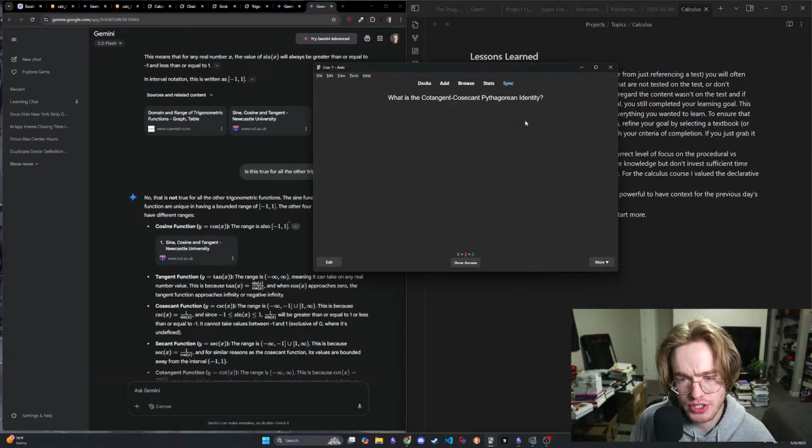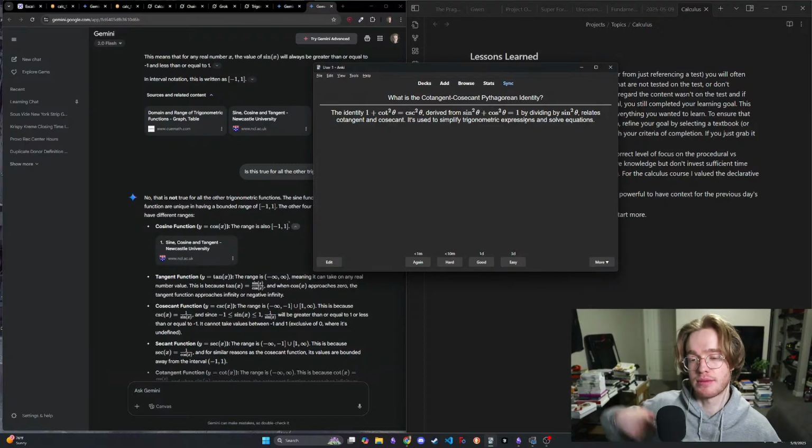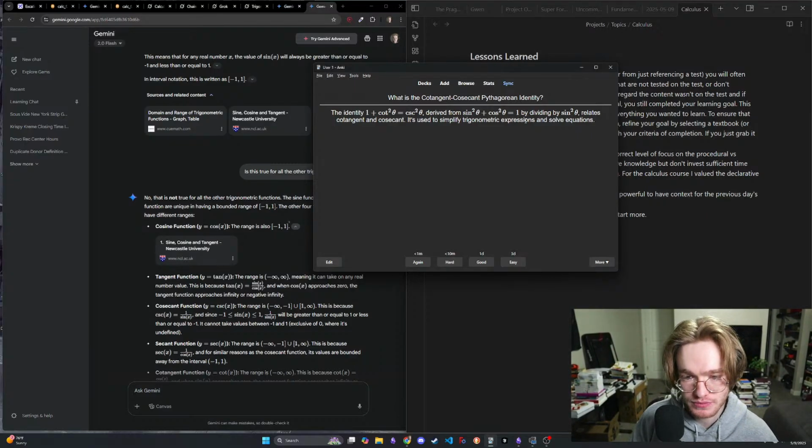The cotangent cosecant, so this would be cotangent squared theta plus 1 equals cosecant squared theta, or is it always plus 1? Okay, so it's always plus 1. I'm trying to figure out a rule of thumb to remember. For these two, we have the tangent and the secant, and then the cotangent and cosecant.